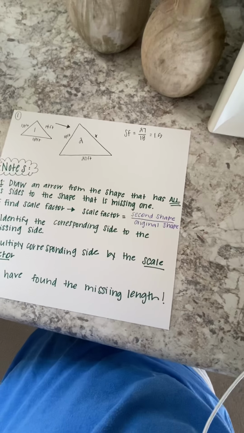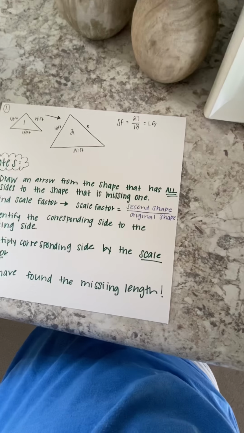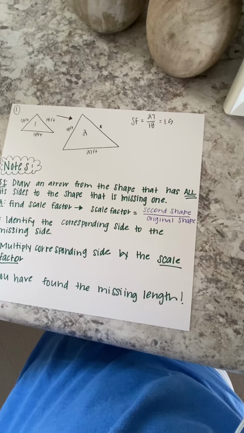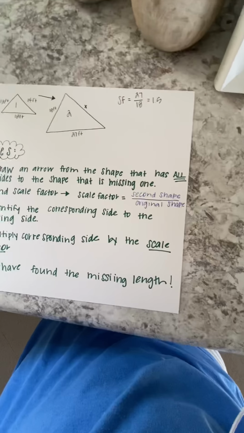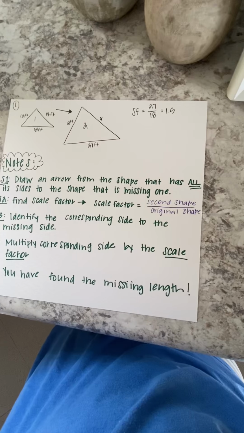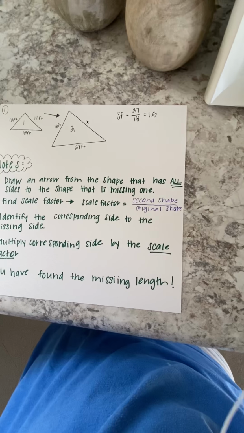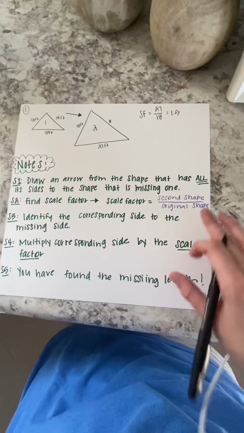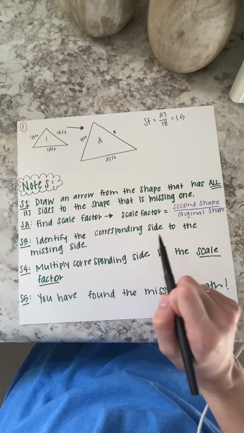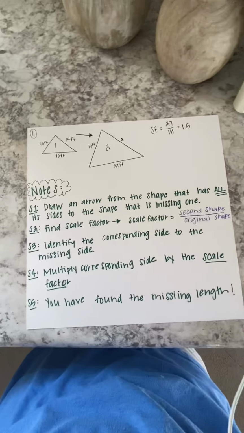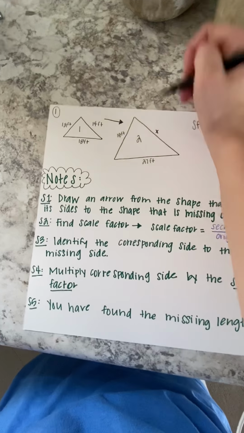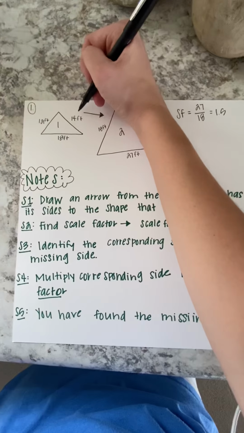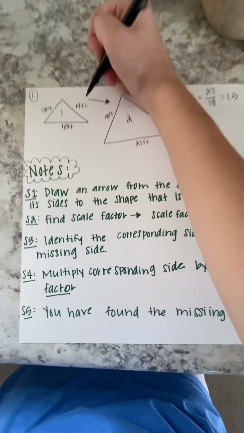But now what we have to do is use that scale factor to be able to find that missing side. Now, this is the step that you were struggling with just a little, and it's just a simple fix. So what we have to do now is identify the corresponding side of the missing side. So this is my missing side. 14 is in the same spot as my missing side.